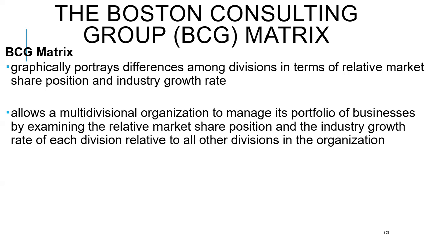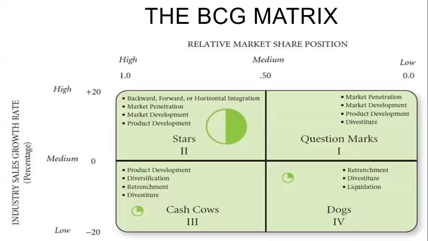Now, the Boston Consulting Group matrix has 4 main quadrants or categories, just like the space matrix, except that the names that are assigned to these quadrants are different. So the first quadrant is called stars.